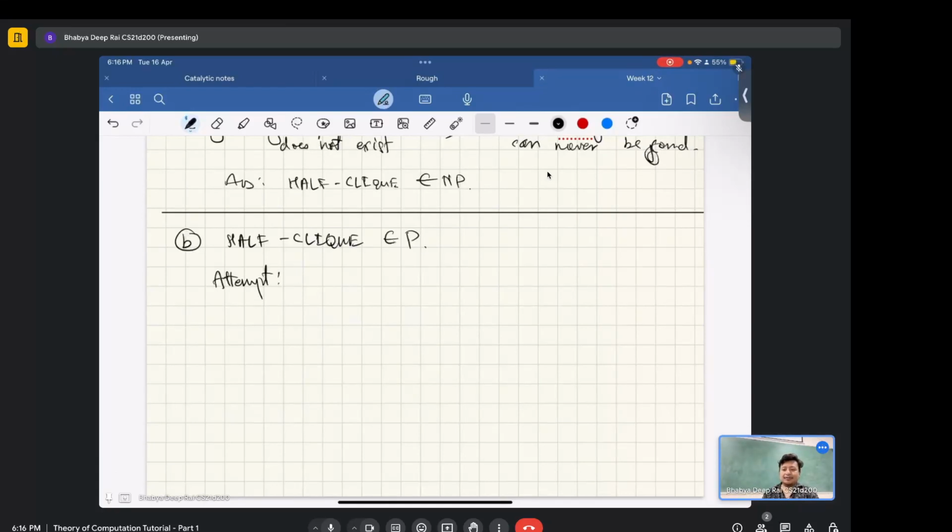What I do is, we want to look for a click of size half of the size of the graph, which is number of vertices divided by 2.